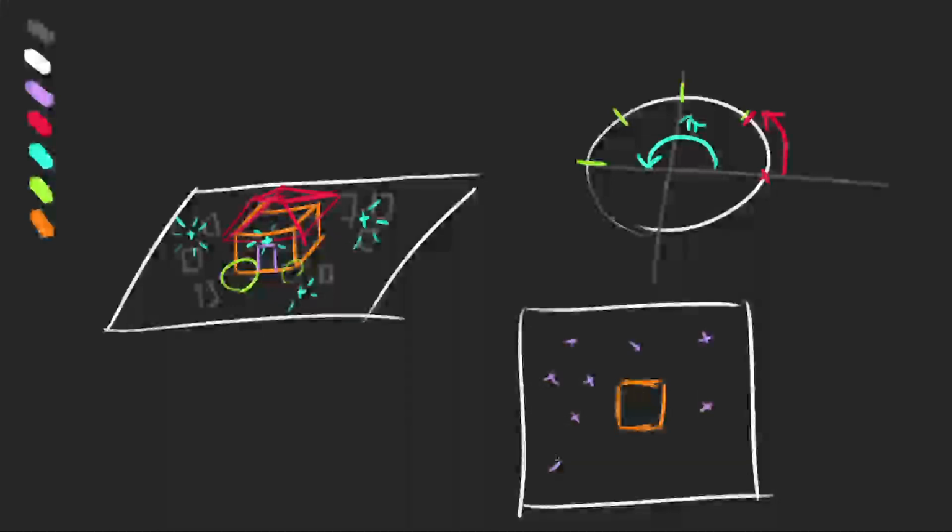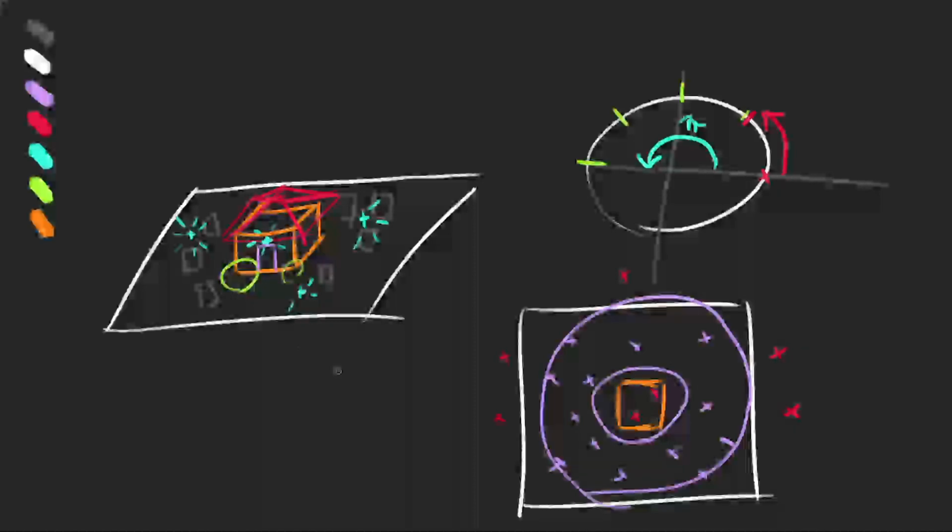But we don't want them here or here. In a way, we want them to be in a circle around the house, but far enough, but not too far. We want them in that area right here.